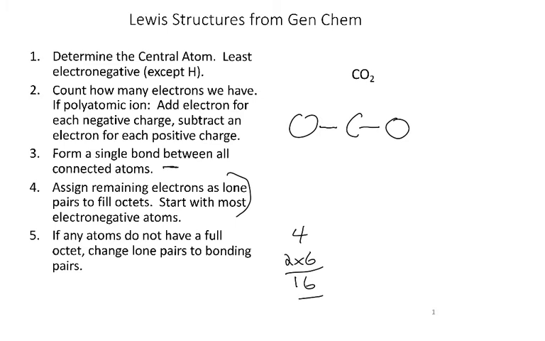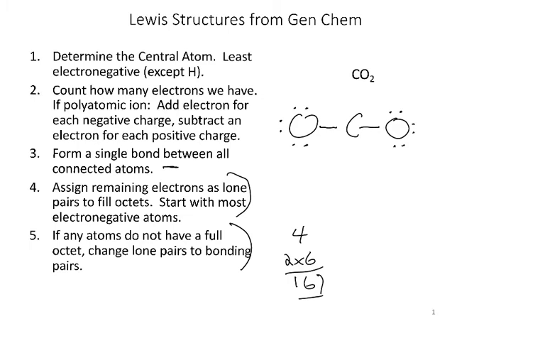Each bond is 2, so I've already given out 4 electrons. So I've given out 2, 4, here's 6, 8, 10. Now that oxygen's full. 12, 14, 16. That oxygen is full, and I've given out my 16, so I don't have any more, so I have to stop.